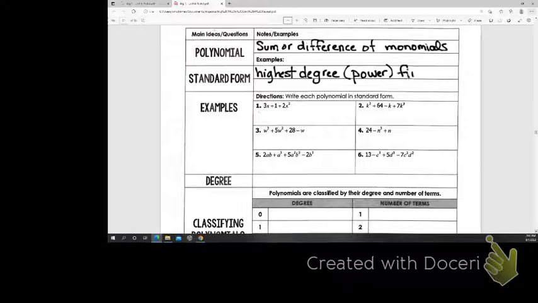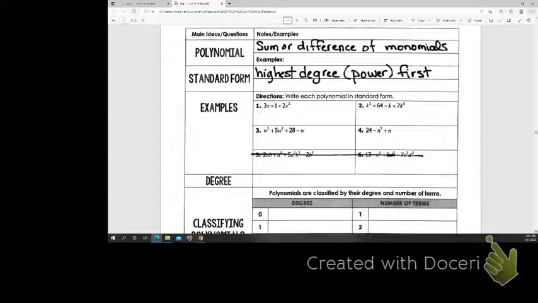Now, sometimes there are some that are a little bit tricky because then they start having more than one variable. But typically when we're worried about putting them in standard form, we will just have exponents on one variable. We won't see too many things that I'm going to ask you to put in standard form that look like 5 and 6. They're just going to have one variable, not two variables.